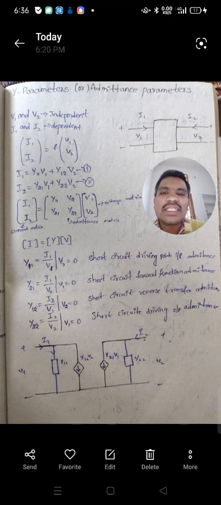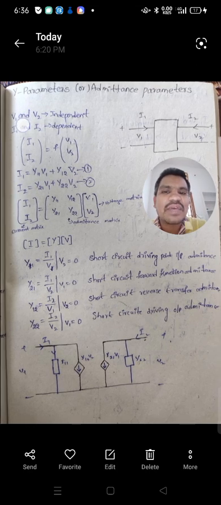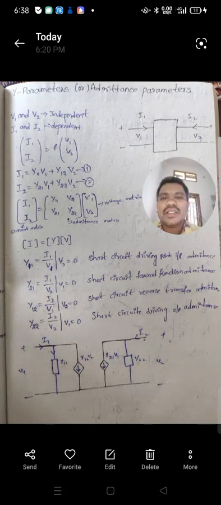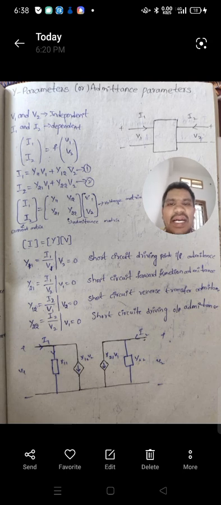So I1 is depending upon V1 as well as V2, and also I2 is depending upon V1 and V2. So the input current as well as the output current, I1 and I2, are functions of V1 and V2.